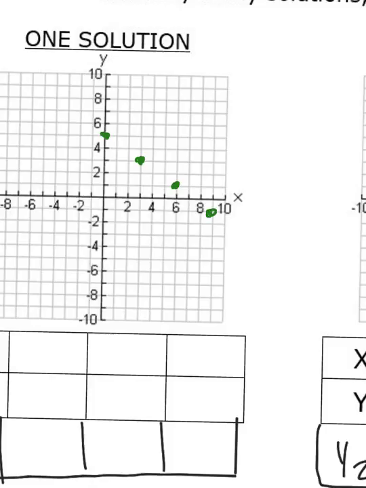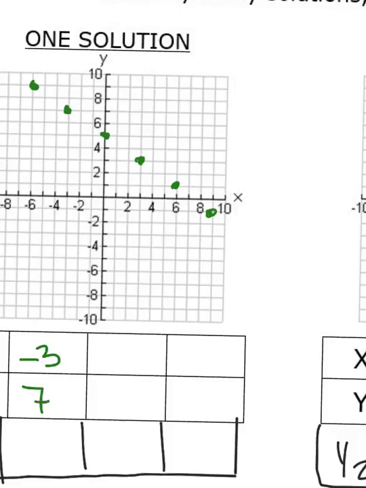And then getting points on the other side, up 2 back 3. I only have 3 spots to put in this table. I obviously have more than 3 here, so I just need to pick any 3 that I want. So I'm going to go ahead and use this one of (-3, 7).